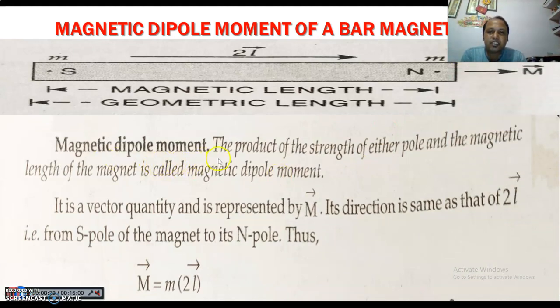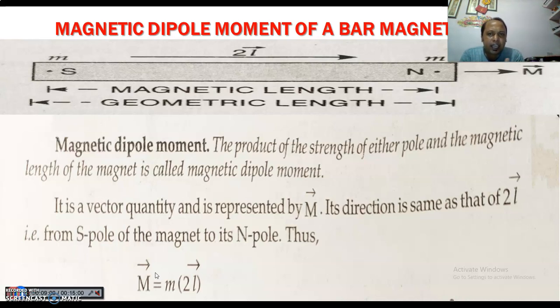Now see here, I am just reading out the definition. The product of the strength of either of the poles and the magnetic length of the magnet is the magnetic dipole moment. So the product of either of the pole strengths, that is m, into twice L, the distance from the south to the north pole, that is the magnetic length, will give the value of magnetic dipole moment. If you remember the electric dipole moment, it is analogous to that, where we wrote p is equal to q into twice a.